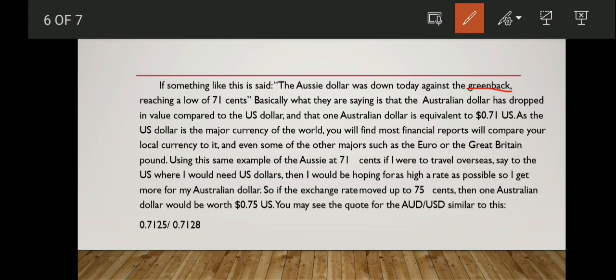The Aussie dollar is reduced in value against the dollar, which is a low of 71 cents. That means that one Aussie dollar is equivalent to 0.71 USD. That is 71 cents. Understand me? So let us continue.